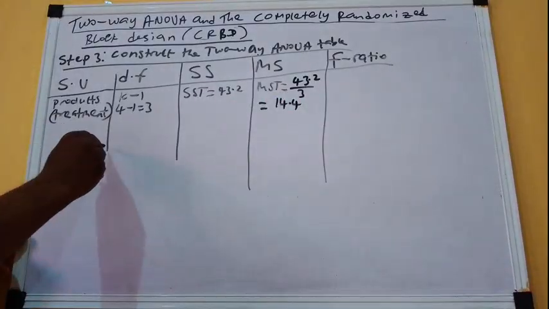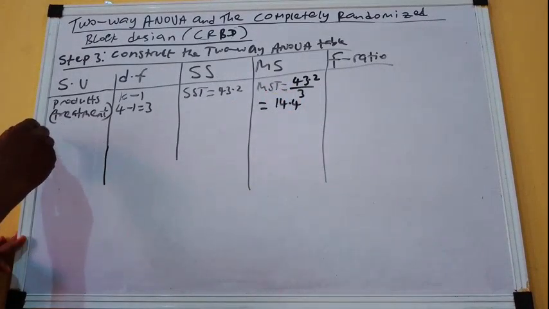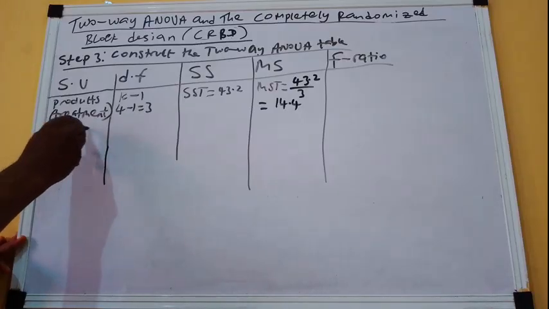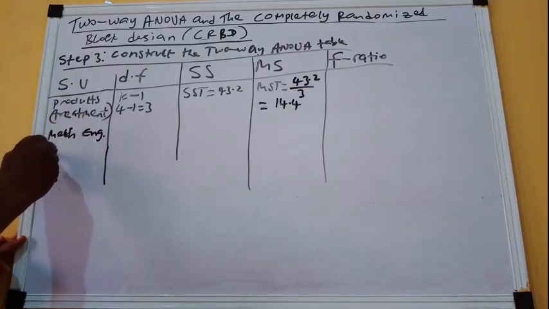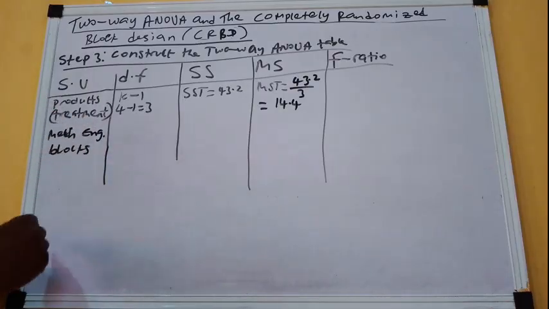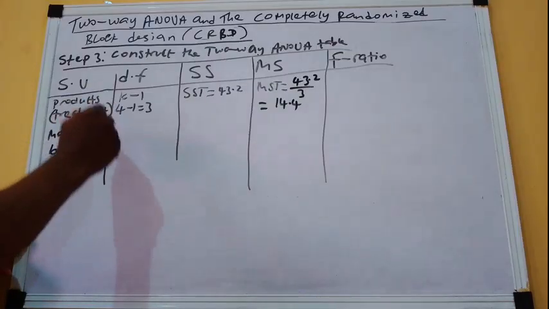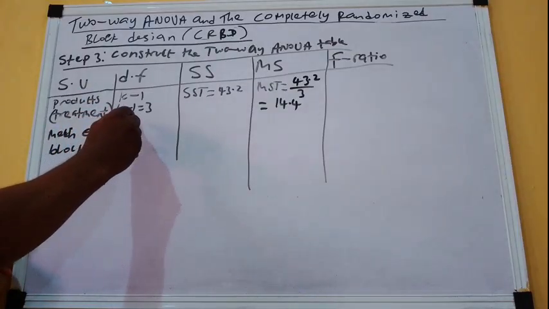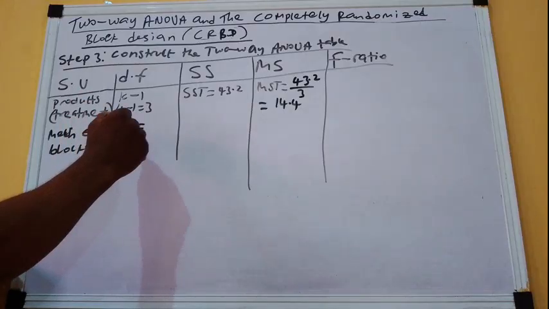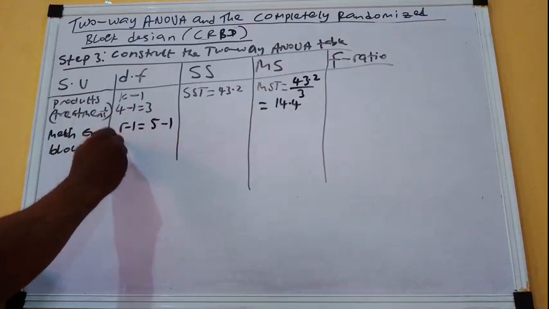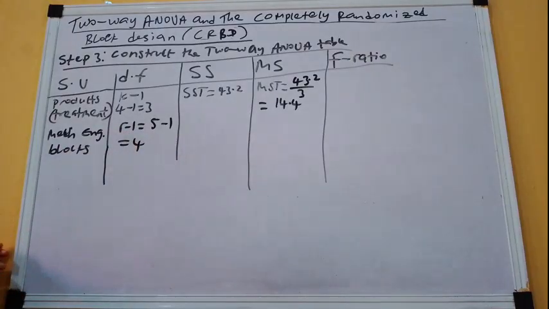Our next source of variation is the engineers, which are the blocks. The degrees of freedom for that is R minus 1, and R is 5, so 5 minus 1 is equal to 4.